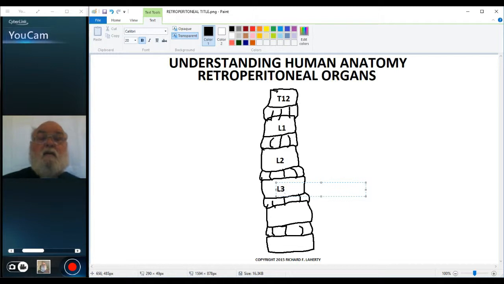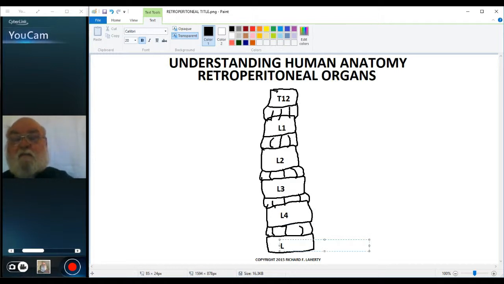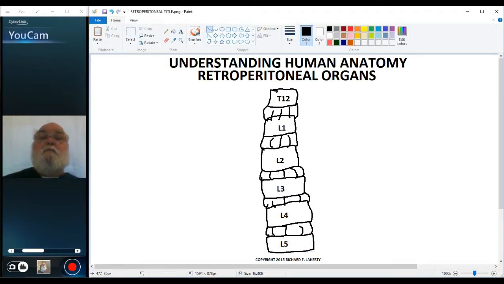L3. L4. And L5. And I want to put in a reference plane, and the reference plane will be passing through L1.